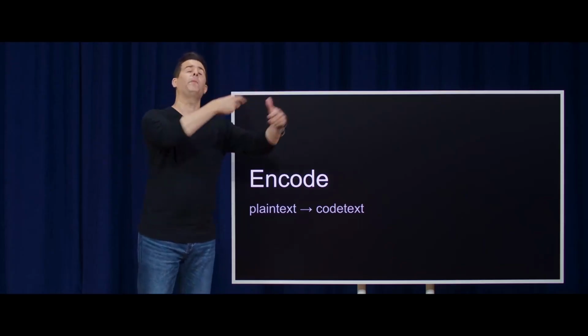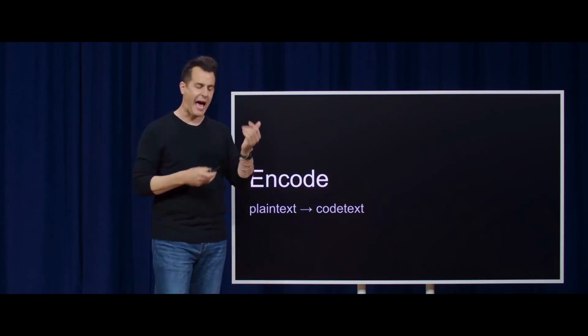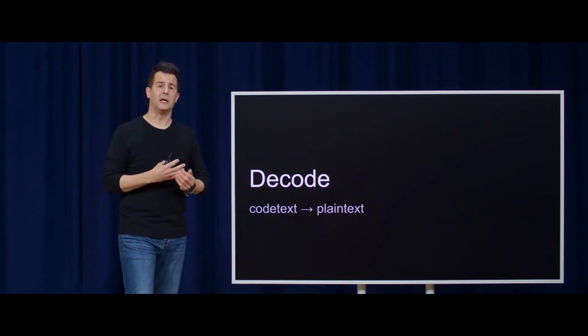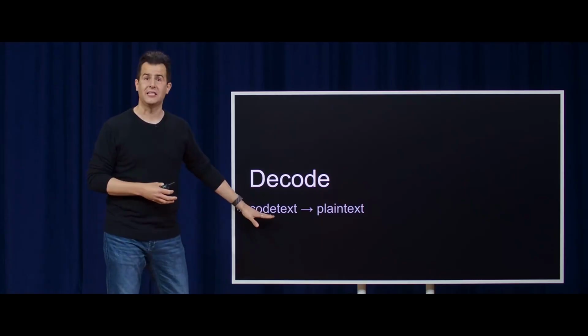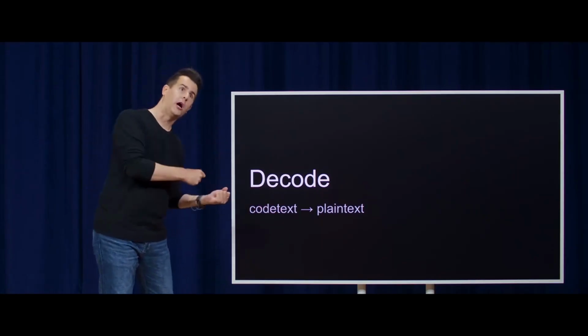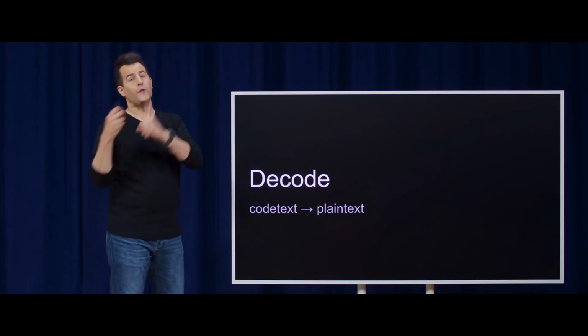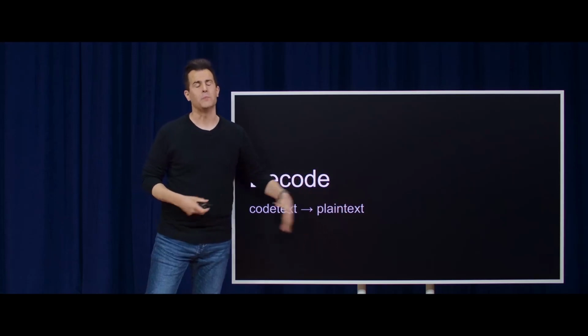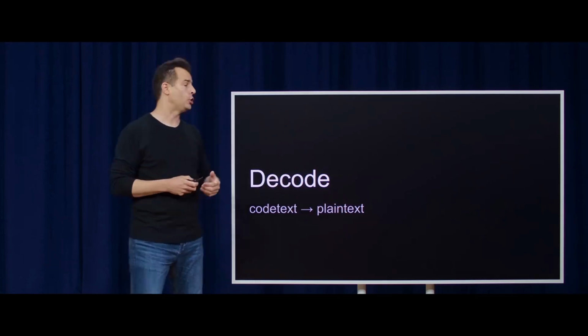They're meant to be looked up in the code book to figure out what the message is actually trying to say. Meanwhile, decode, as you might expect, is the opposite. You take as input the code text that you have received as the recipient. You use that same code book to look up the code words and figure out what the actual message is in order to get the original plain text, be it in English or any other human language that the code book is designed for.